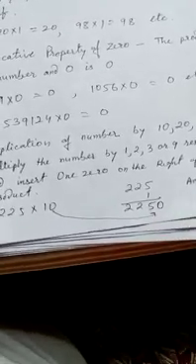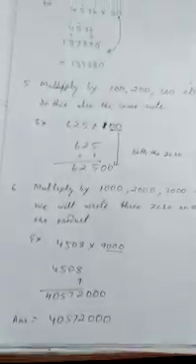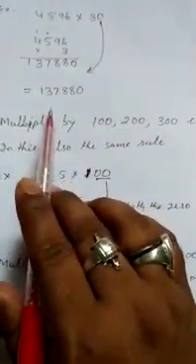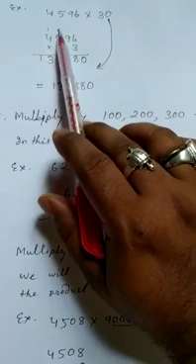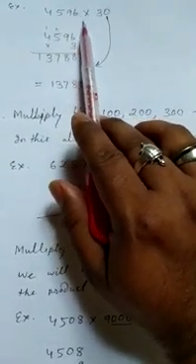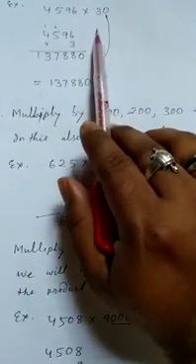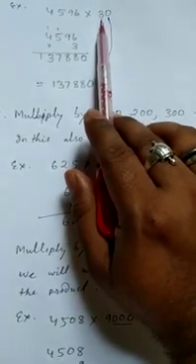One more example I have done here: 4596 into 30. For 30, the first digit is 3.